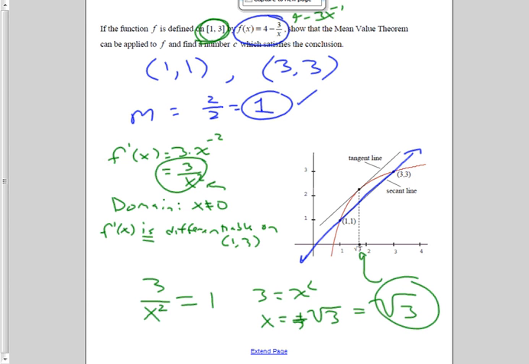And so the mean value theorem is satisfied here. In other words, in between 1 and 3, where the average rate of change was 1, there existed at least one place where the instantaneous rate of change was also equal to 1.